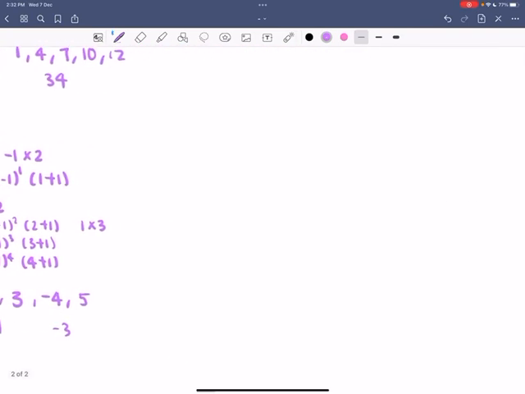And another way they can ask the question is to write out a series in sigma notation. So we can start with an easy one like so. We know they're increasing by times 4.